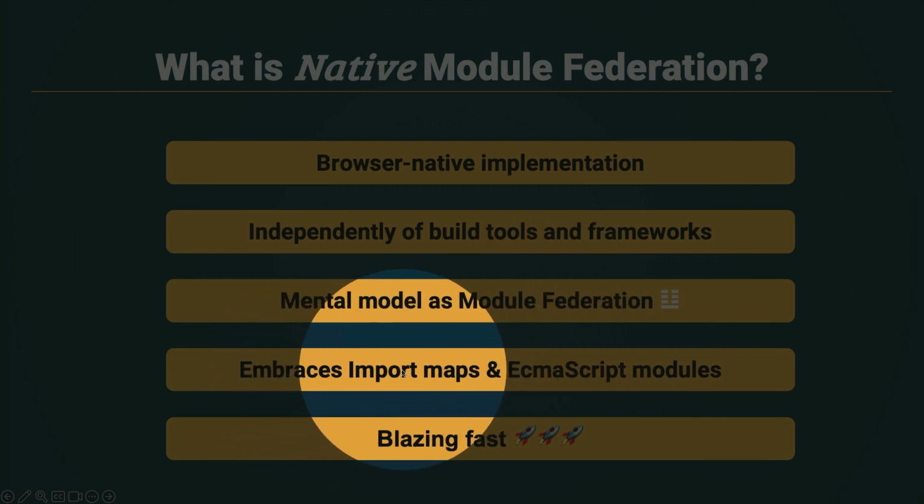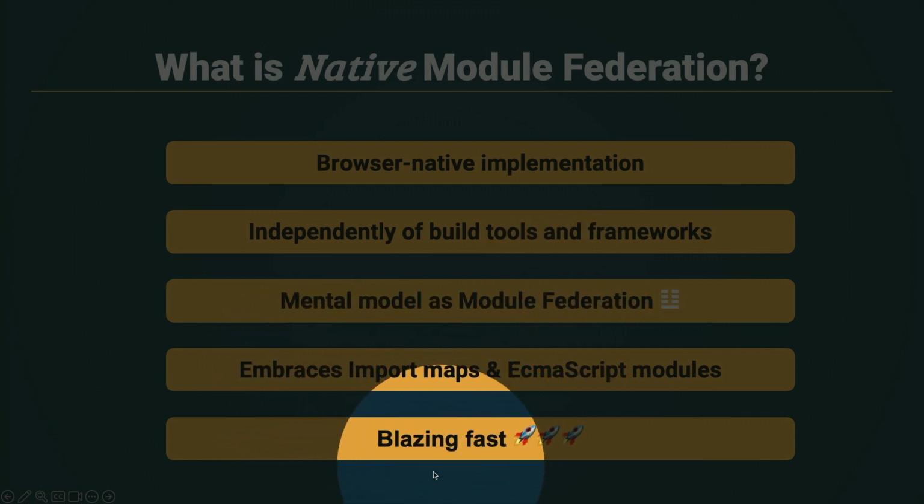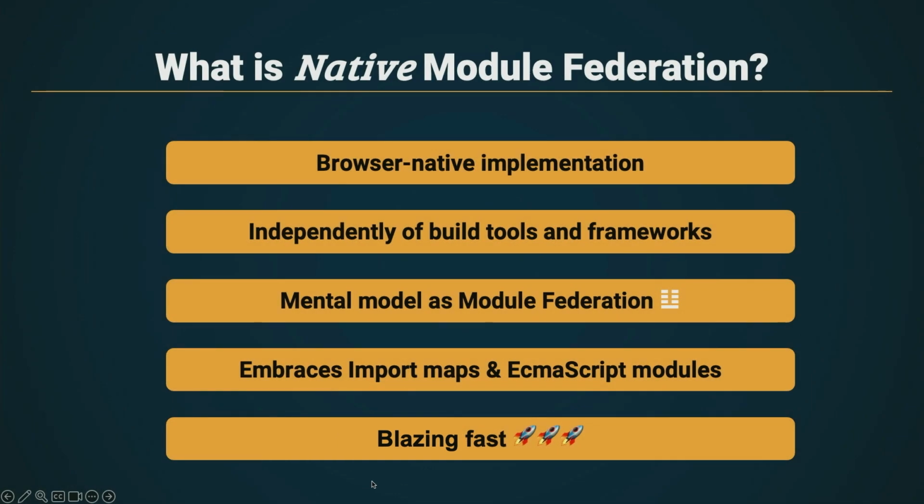It embraces import maps, and it is fast because under the hood it uses ESBuild and also caches your shared libraries. You load them once and it caches them. This is why we stepped over to native, so the application goes faster and faster, from 80 to 90%. It's unbelievable. Our application is much faster than web components, but also much faster than the monolith.